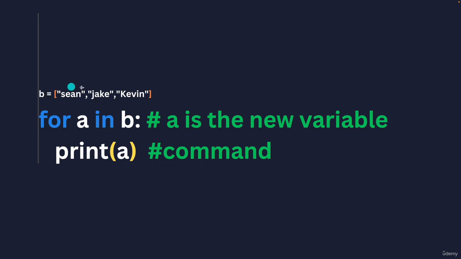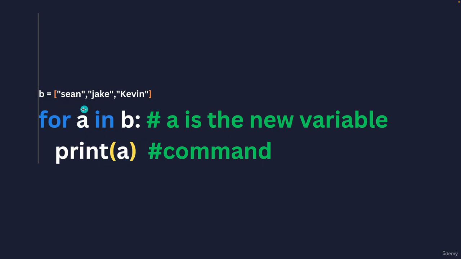in b, essentially we're checking b, right? And this is the command that goes after the loop statement: it is going to print a. So essentially, we're making a new variable and checking b, and we're running this code, print a, every time until we reach the end of this list.